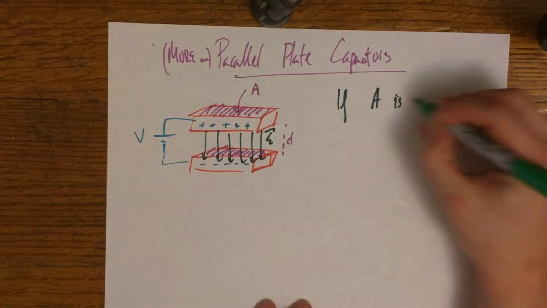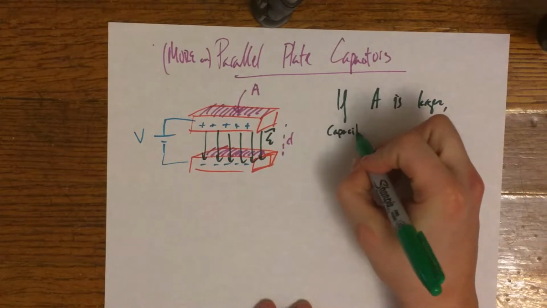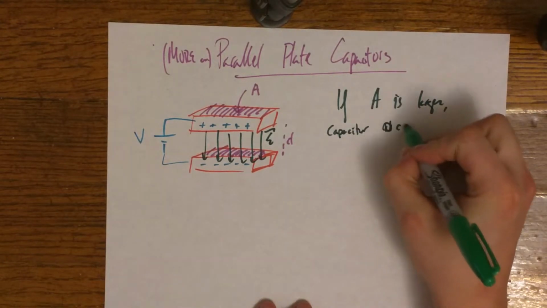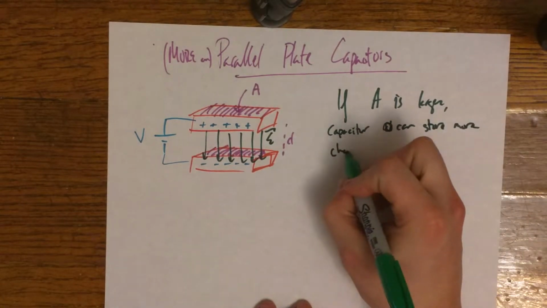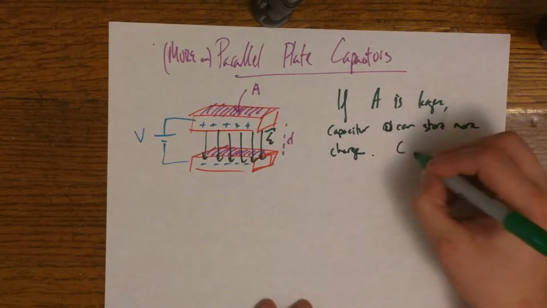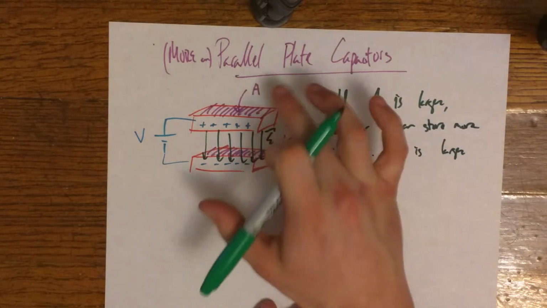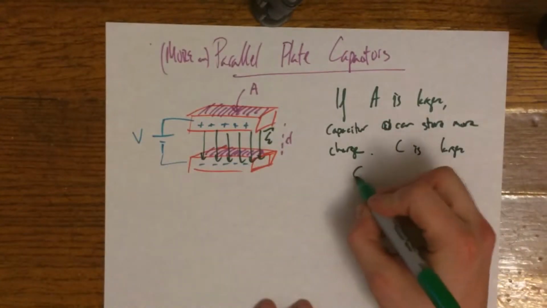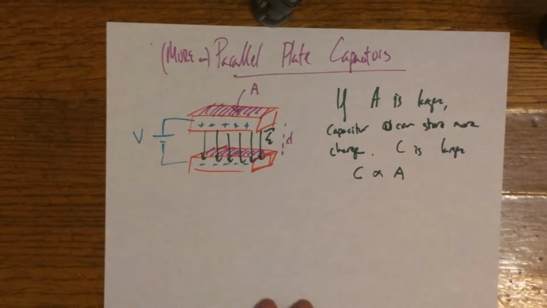If A is larger, the capacitor can store more charge. And if that's the case, then C is larger. The capacitance must be larger if A is larger. So there must be a proportional relationship between the capacitance and the area of a capacitor.